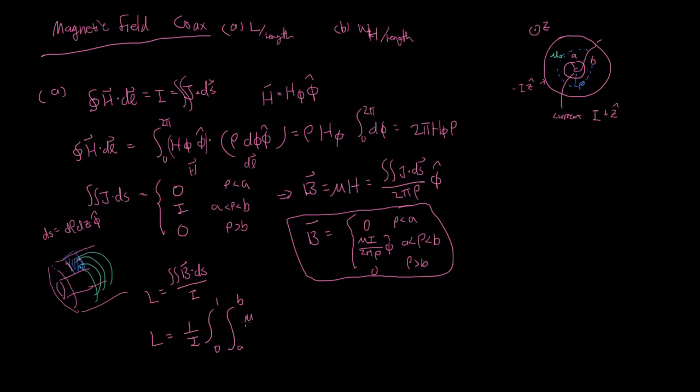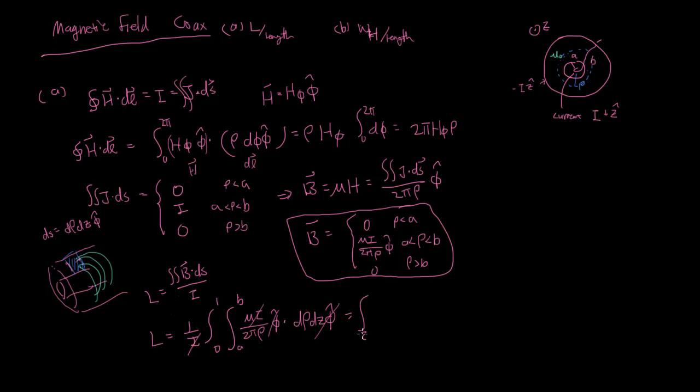Our B in this case is mu I over 2 pi rho phi, and our dS is d rho dz in the phi direction. So the I's cancel, so that part's nice, which is good because the inductance should not be dependent on the amount of current that you have going in there.